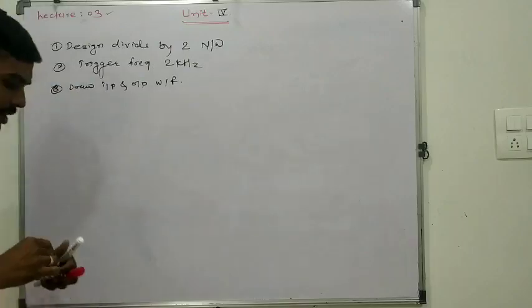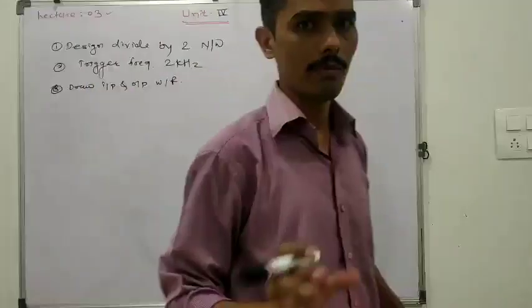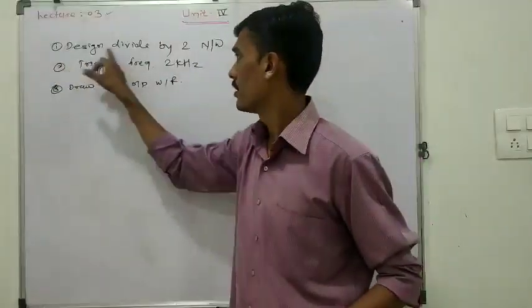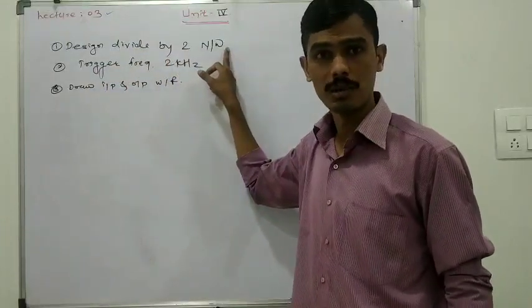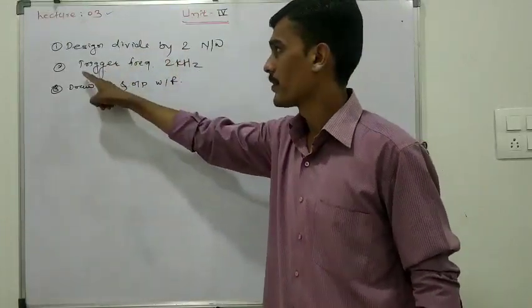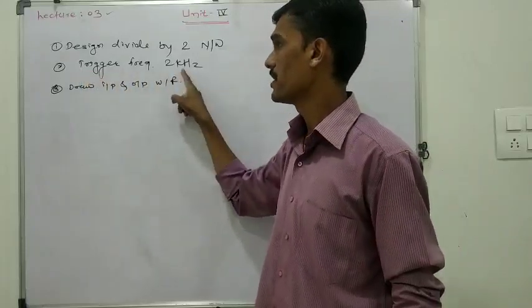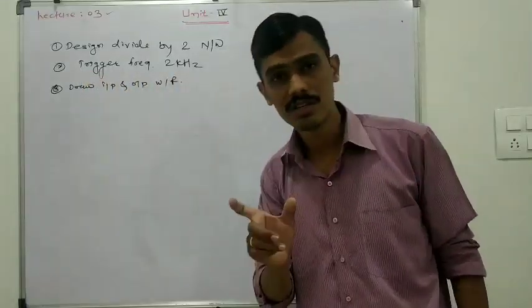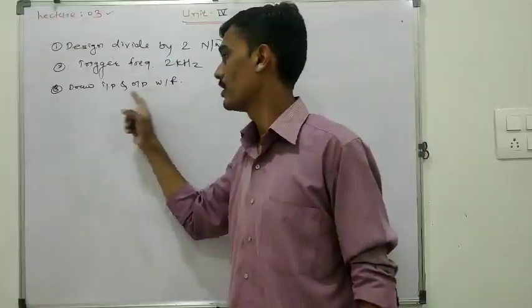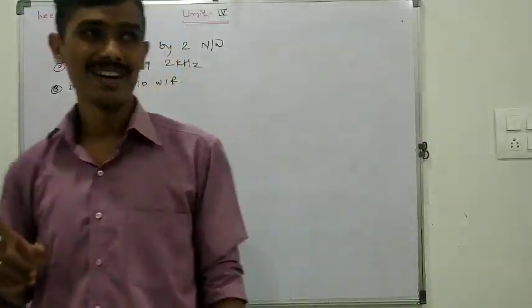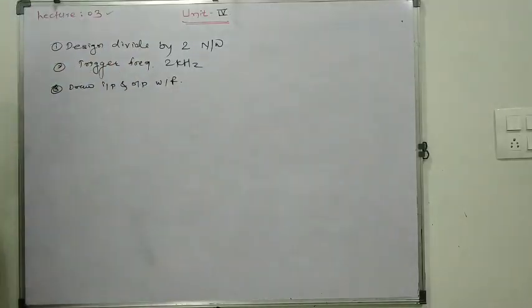So these are the 3 main points mentioned in the problem. That is, we have to design a divide by 2 network system with the help of a monostable multivibrator. Then again, it mentions that the triggering frequency is 2 kilohertz, and we have to draw the input and output waveform by designing a monostable multivibrator.